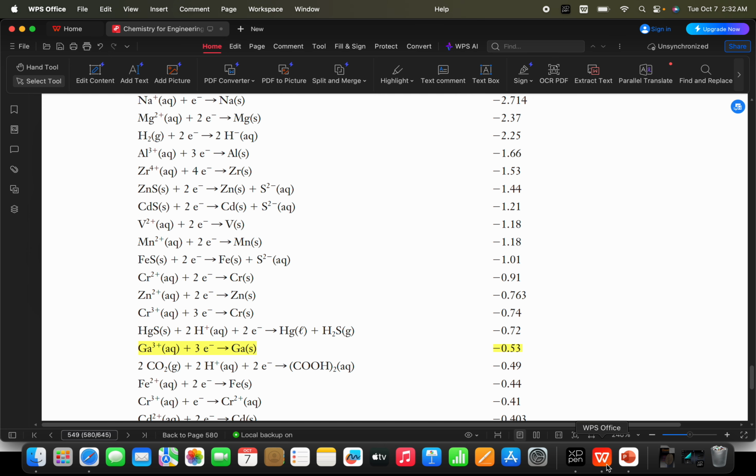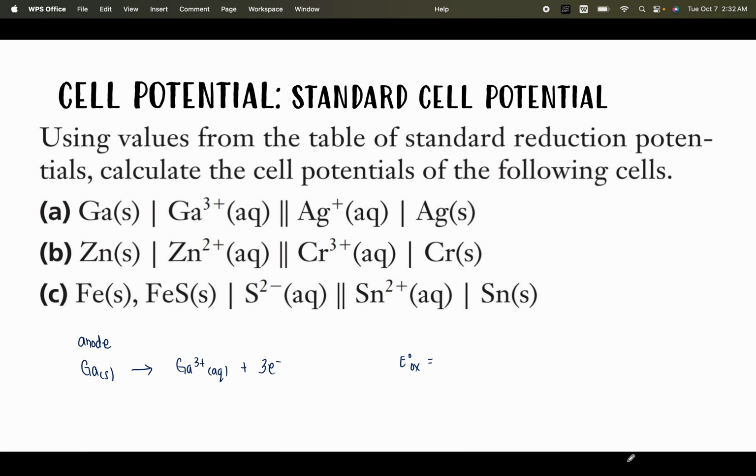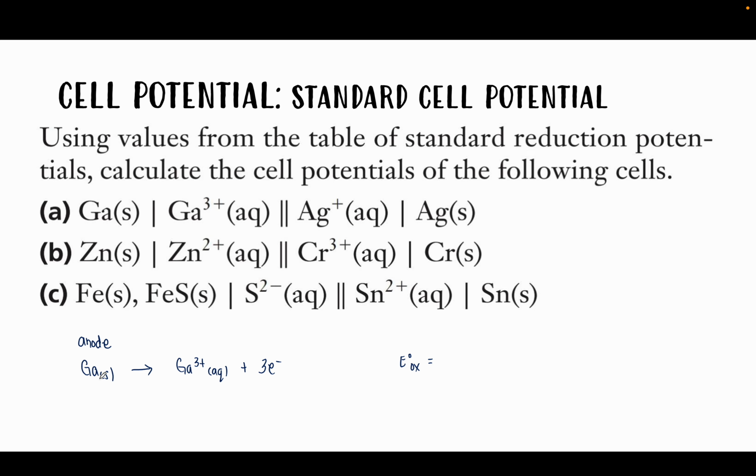So this is reduction from the table. But since this is occurring at the anode, this is oxidation, so the sign changes, meaning to say this becomes positive 0.53 volts.